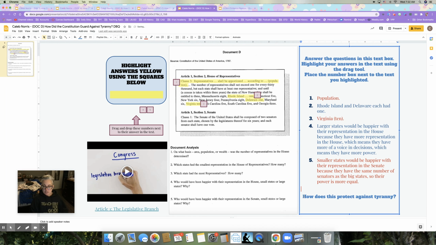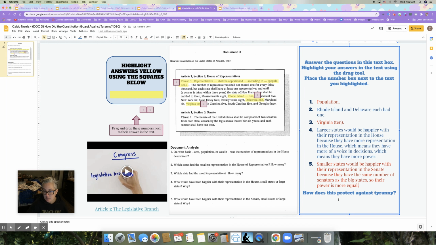Okay, now the question that was missing was question number 6, and so that's the one that we are going to talk about together, and then you're going to be typing in the discussion thread below as you have done in previous discussion threads. Okay, so the question is, how does this protect against tyranny?